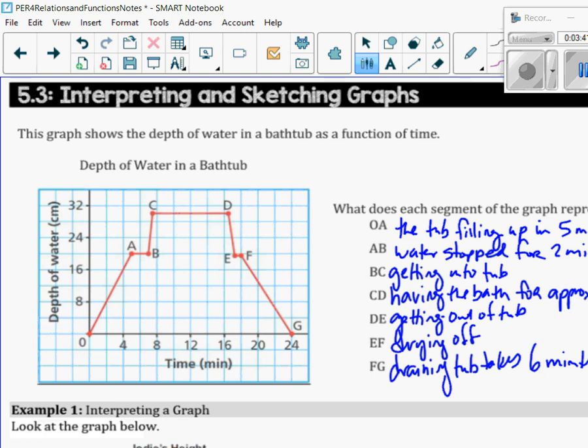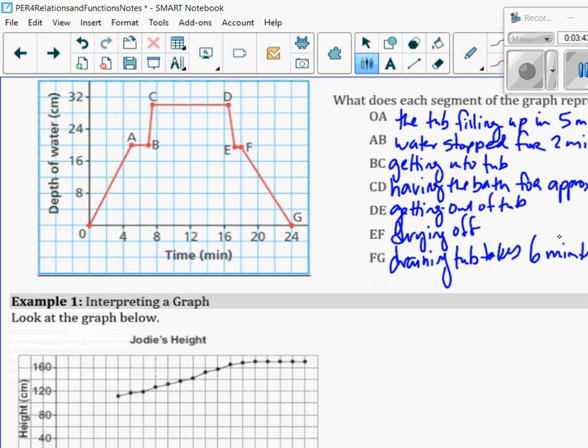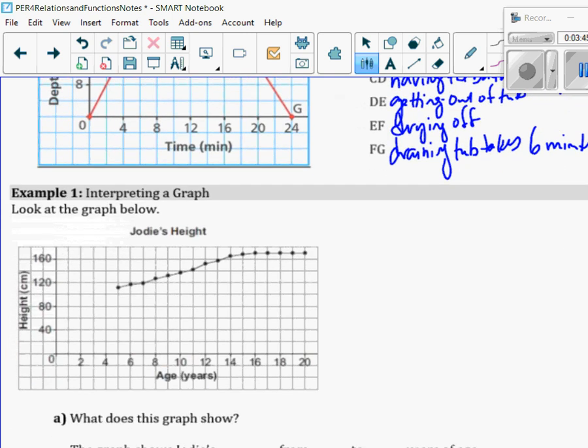Okay, let's see the next one here. Interpreting a graph, look below. Here's Jody's height over her years. So how would we interpret this?